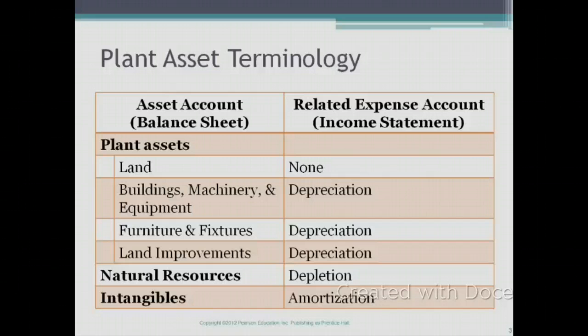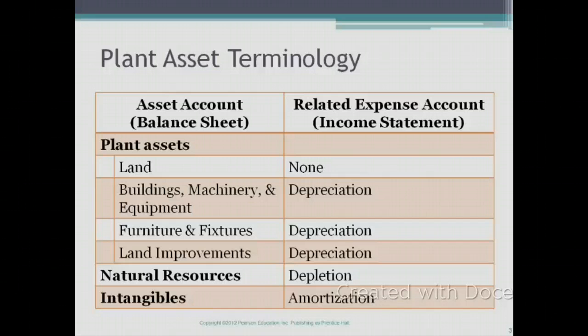We do not depreciate or deplete intangible resources. What we do is we call that amortization. If you've worked for a loan company and seen amortization calculations, that's very different. This is amortization of intangibles. It's just like depreciation, but we call it amortization.